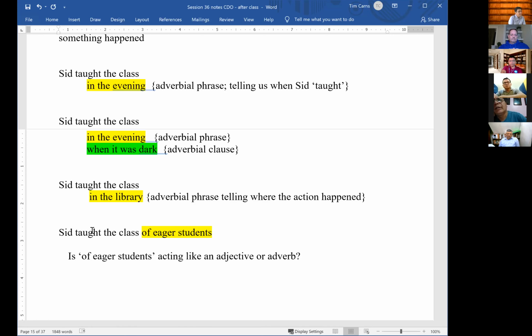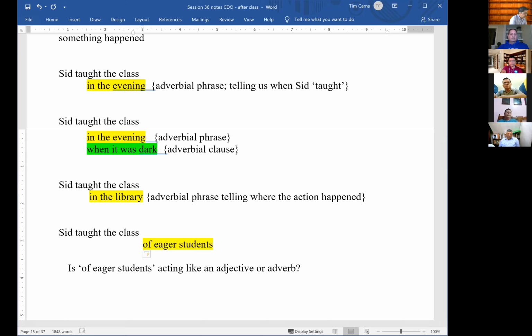Something about the class. It's telling us what kind of class. It's modifying the class. So it's adjectival, telling us what kind of class or which class, the class of eager students.